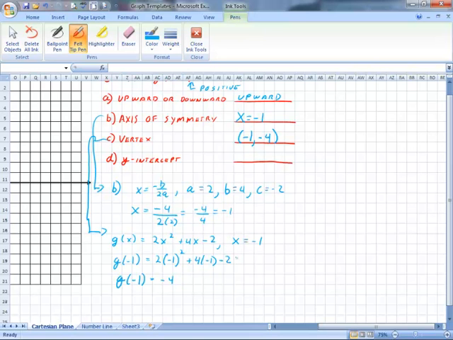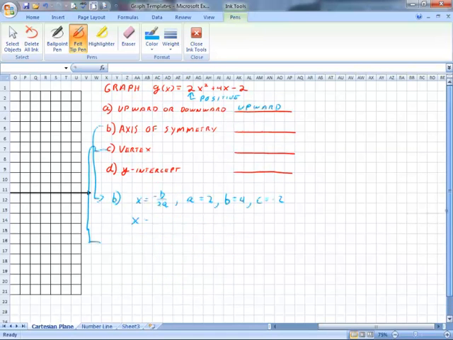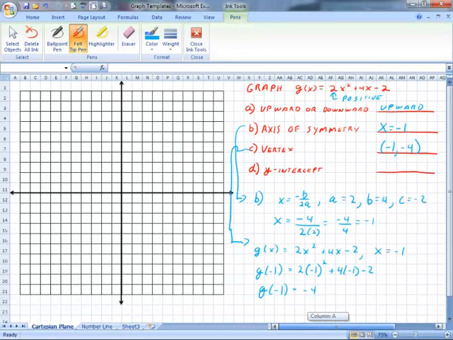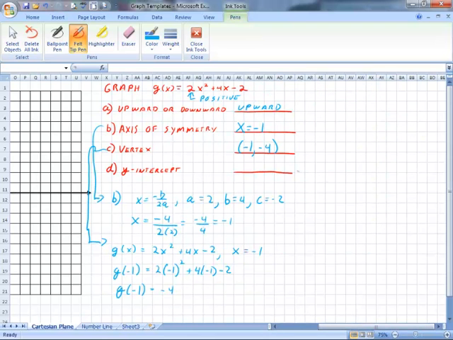Now it's saying find the y-intercept. So I've scrolled over here and I'm going to do part D. Part D says to find the y-intercept, you have to plug x into the equation and solve.